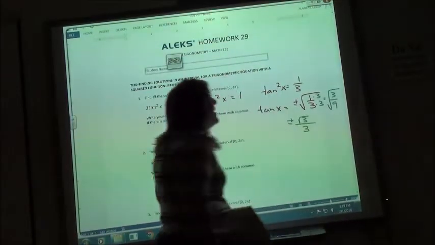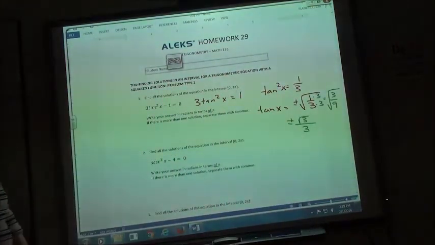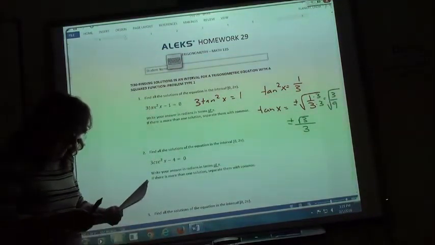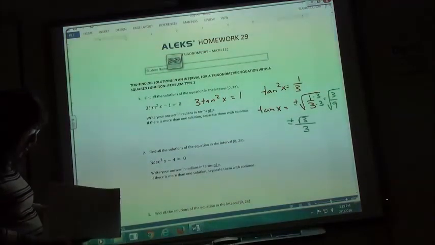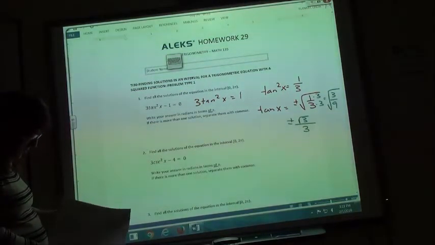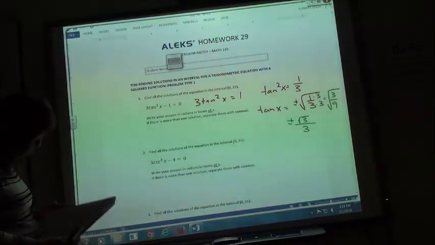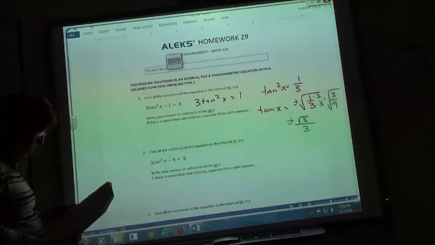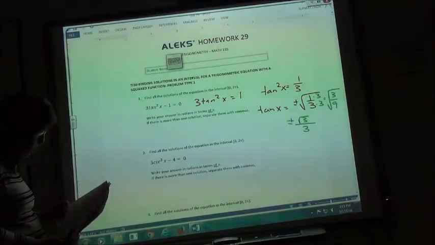I should probably write that up. 3/9. And so I have the square root of 3 over the square root of 9, which is just a plain old 3. So I'm going to look up and I'm going to find all the ones with positive square root of 3 over 3 and all the ones with negative square root of 3 over 3. So I'm going to end up having 4 answers most likely. So again, I'm just going to go back to my handy dandy table, which I left in my other packet of notes.